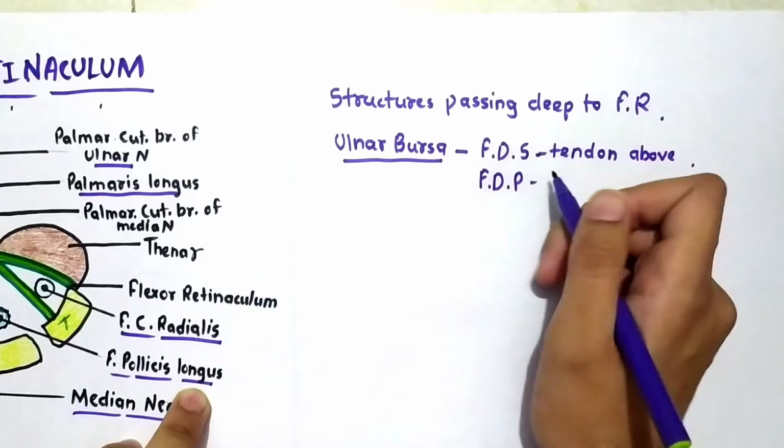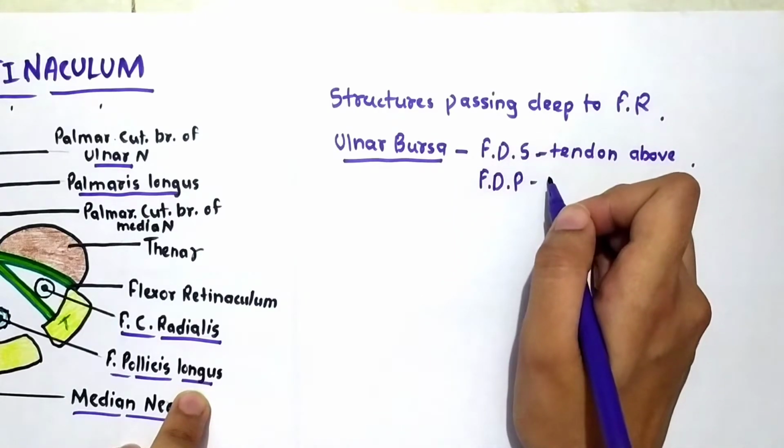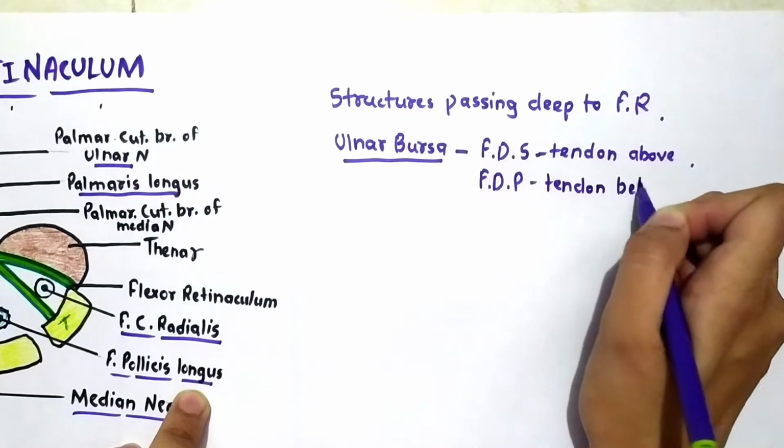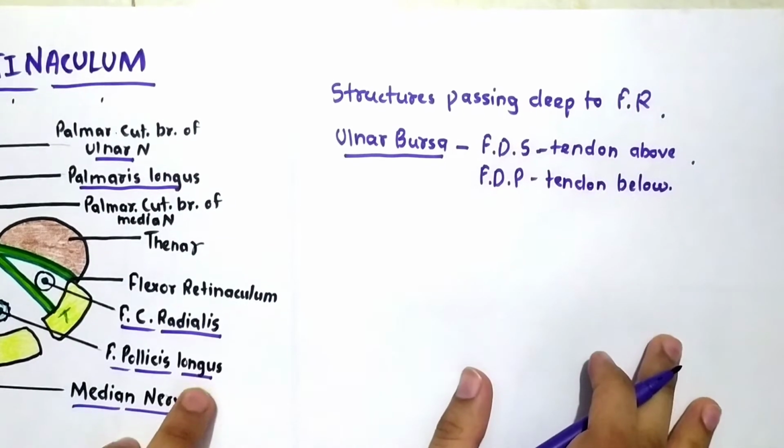Profundus means deep. So the flexor digitorum profundus tendon below. So this is about the ulnar bursa.